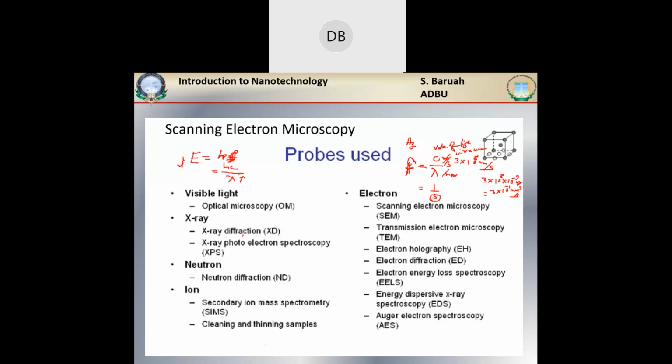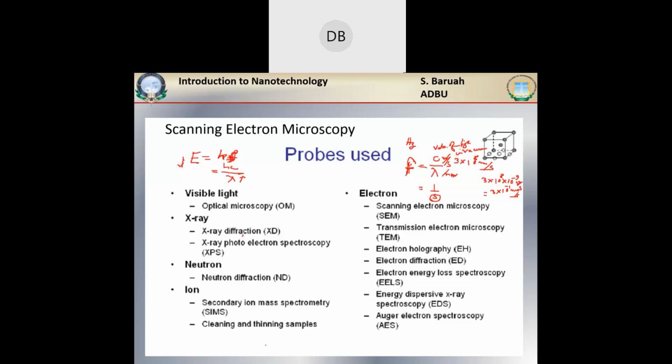I was working with gallium ions, and gallium has a huge mass, many protons and neutrons at the nucleus, about 80. It's very heavy, so that's why we use gallium ions there, and this can be used to cut out materials.